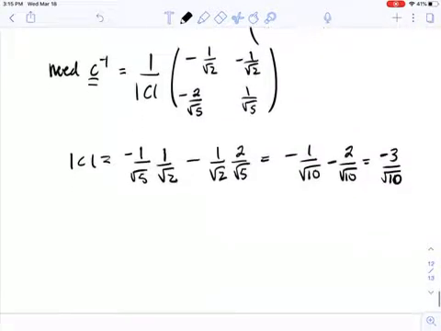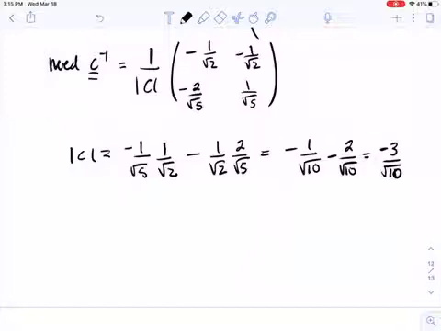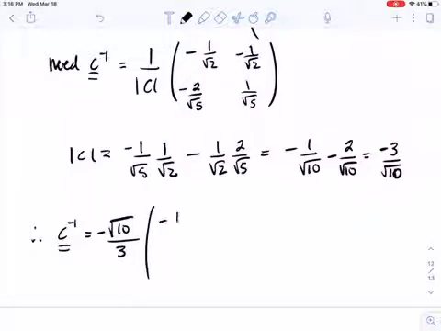Okay, so then hopefully C inverse, we take 1 over the determinant, it's root 10 over minus 3.